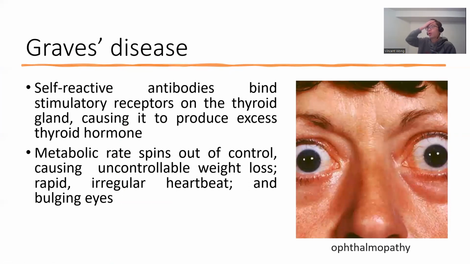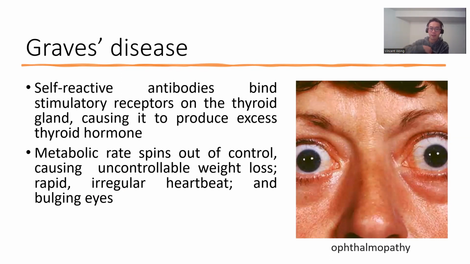Anyway, these are all autoimmune diseases where the cells attack your own body. Graves' disease is the example I have here. These are autoreactive antibodies that bind to your thyroid gland, and it makes the thyroid really, really big. So you get goiter, and it causes your metabolic rate to be out of control.